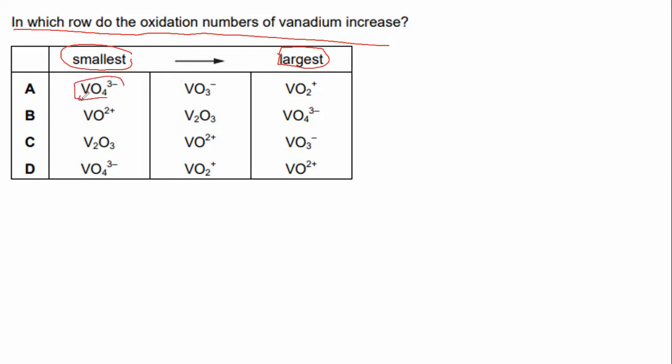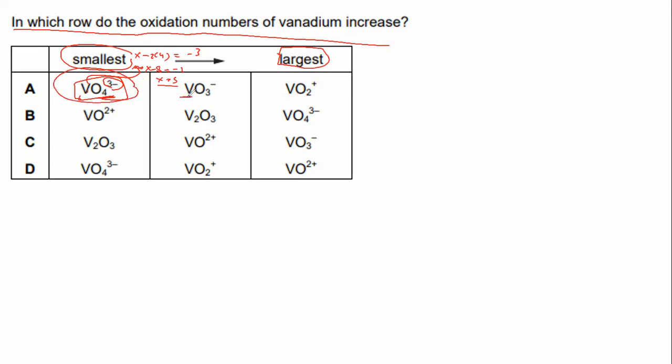So if we count in this compound, V is X, X minus 2 times 4, because we have 4 of it, equal to the charge, minus 3. So X - 8 equals -3. X here, guys, equals 5. Here 5 is the smallest.